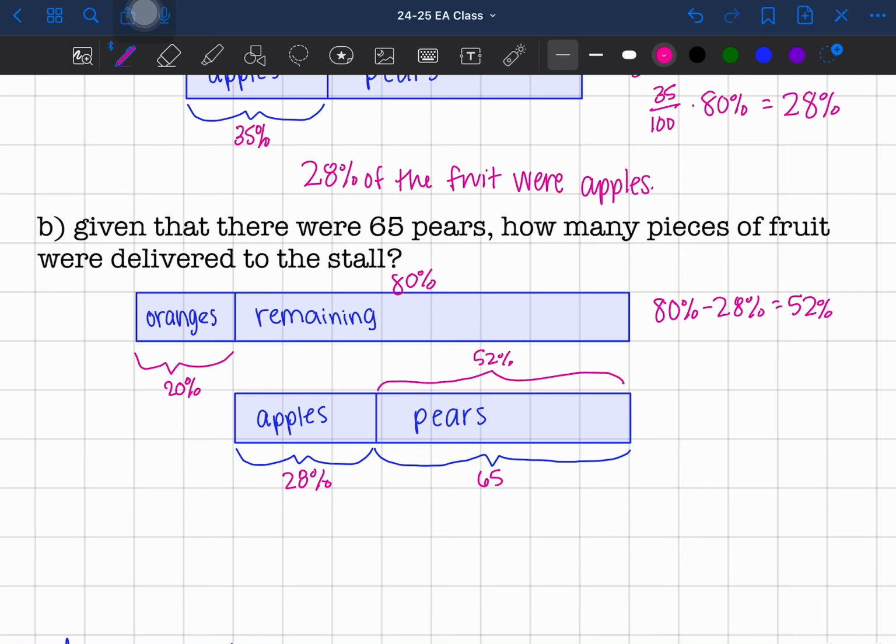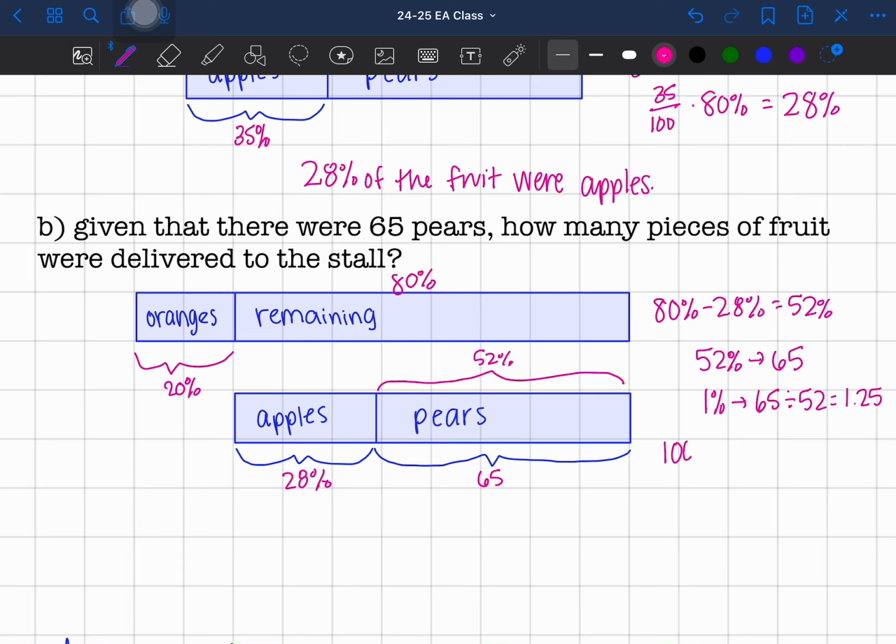So the amount of pears is 52%. 52% is 65 pears. Find 1%, which is 65 divided by 52, which equals 1 and 25/100.